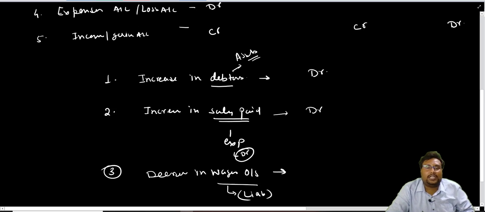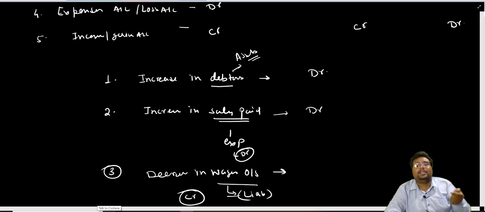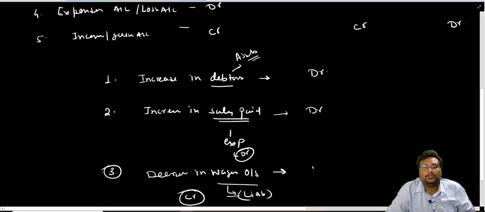Liability nature is what, beta? Liability nature is credit, and for decreasing credit we have to pass the opposite entry, make it debit.